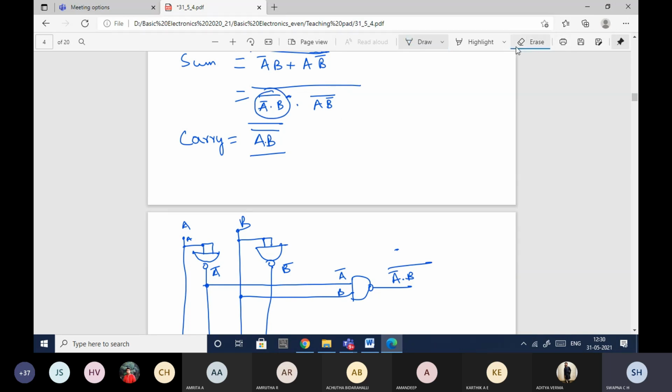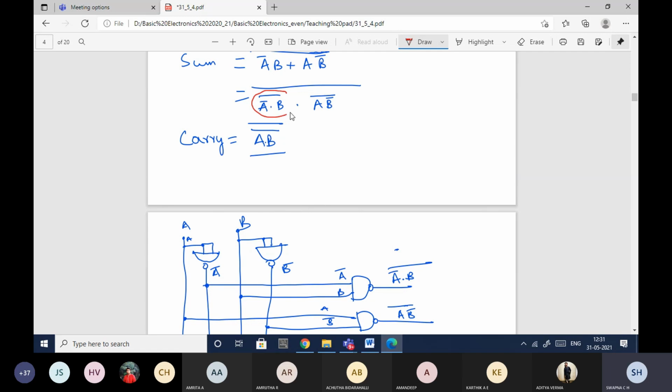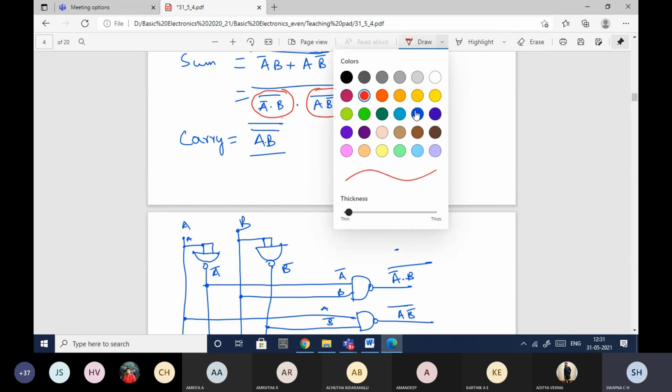A B bar. So this is my A, this is my A, and this is my B bar. A B bar whole bar. Now I've got this term completely and this term completely. So now I need to have this into this, whole bar, into in the sense dot product only.